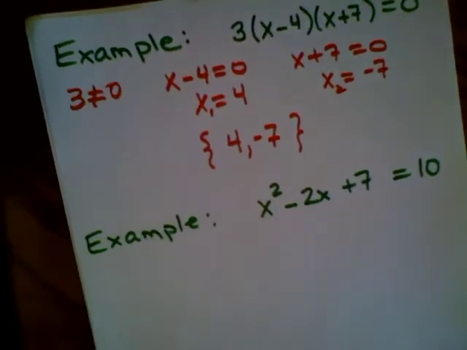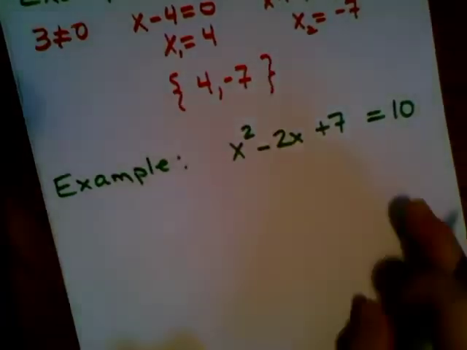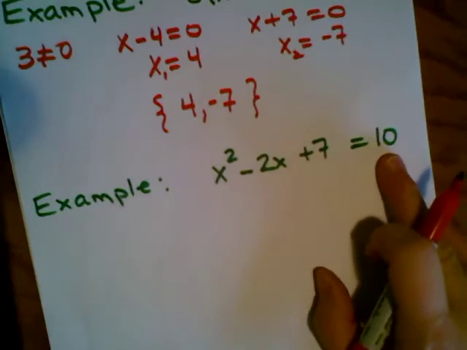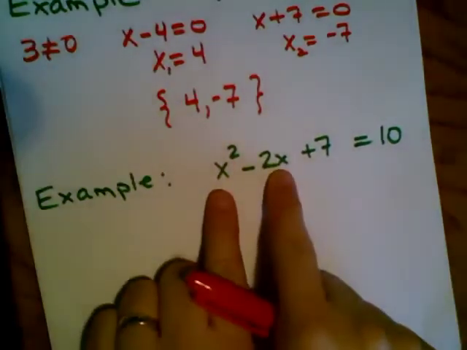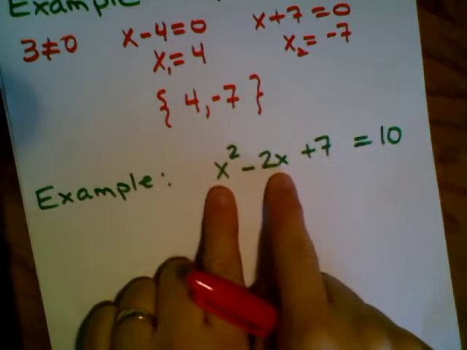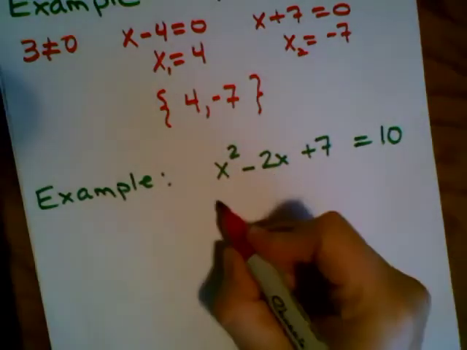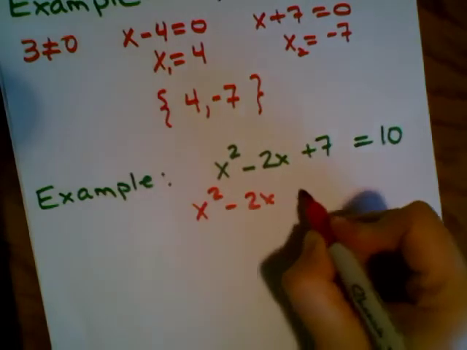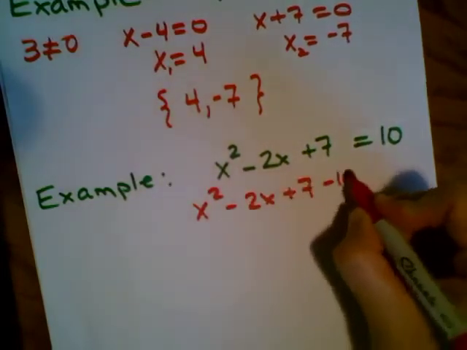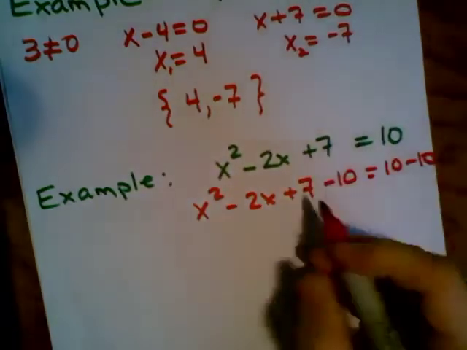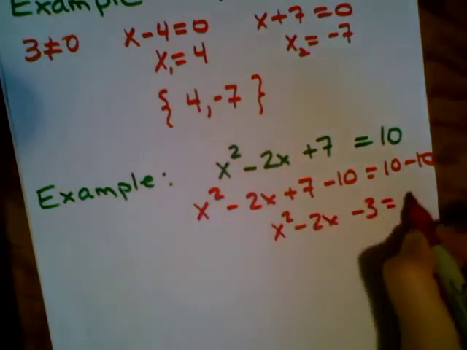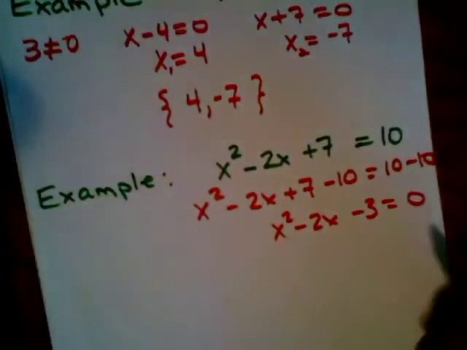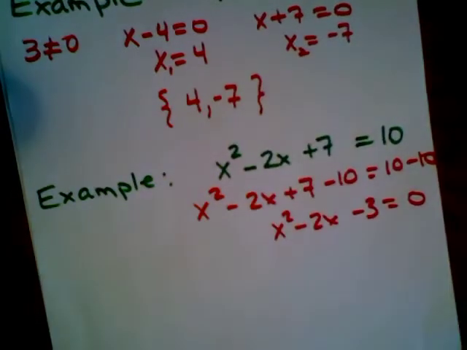Okay. Example 2, the right-hand side is not 0. The left-hand side is quadratic, and I've got a quadratic term and a linear term. So I'd first want to subtract 10 from both sides and simplify so that I have the right-hand side equivalent to 0.